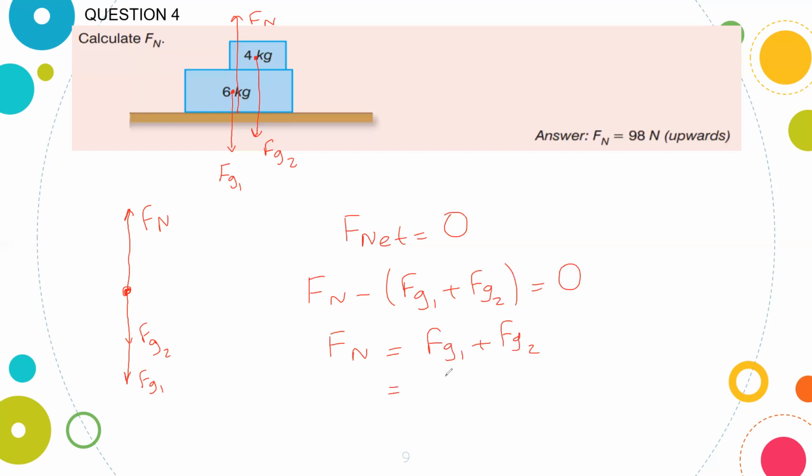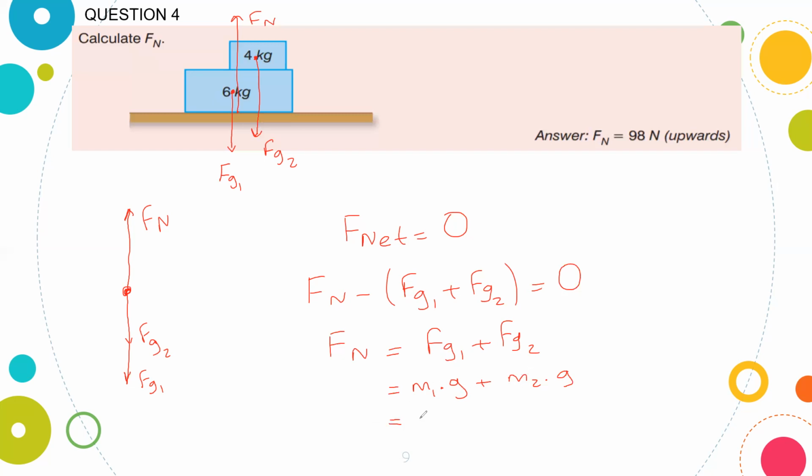And we know Fg, gravitational force, m1 times g plus, what's next one? M2 times g. We are calculating gravitational force for first object, gravitational force for second object. If you want, you can add m1 plus m2 times g, or directly you can make it.